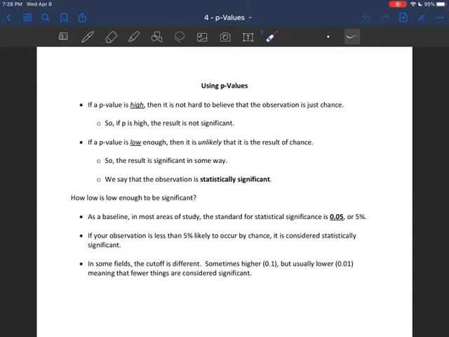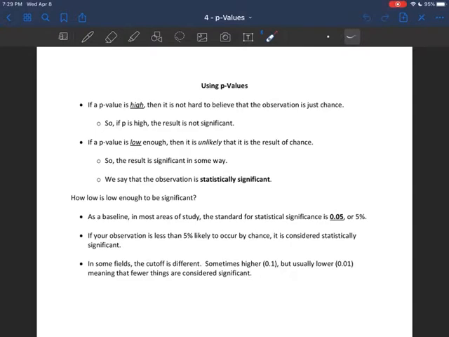That's a pretty universal standard. It's not 100% universal. There are some areas where a higher number, 0.1, for example, 10%, is used. This means that things that are more likely to be chance are accepted as statistically significant. So although it's a higher number, it's a lower standard of proof.